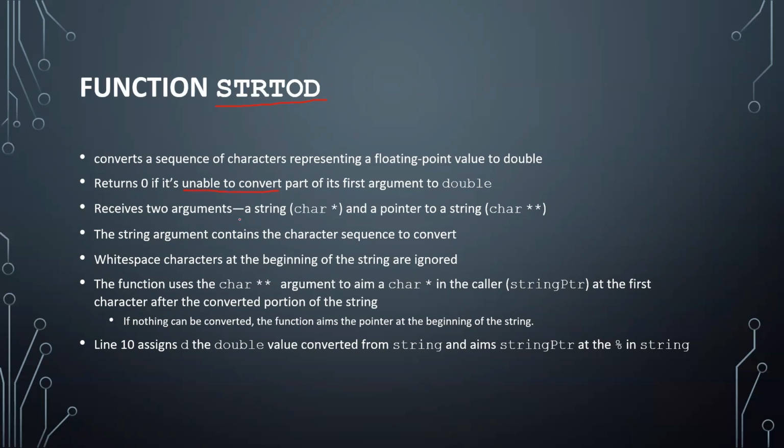It's going to receive 2 arguments, a string and then a pointer to a string. So we've got a pointer to a string, right? That's why there are 2 asterisks there. The string argument contains the character sequence to convert. White space characters at the beginning are ignored. So you can have space, space, space, and then your number starts, and it won't give you the 0, it will just ignore it.